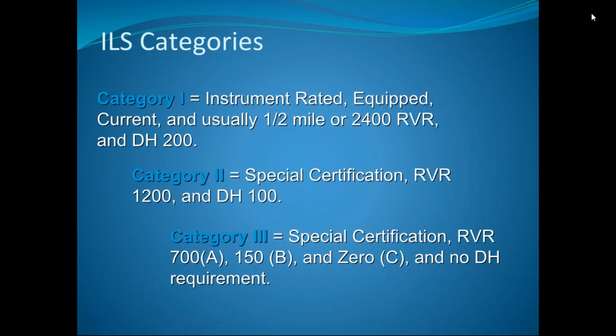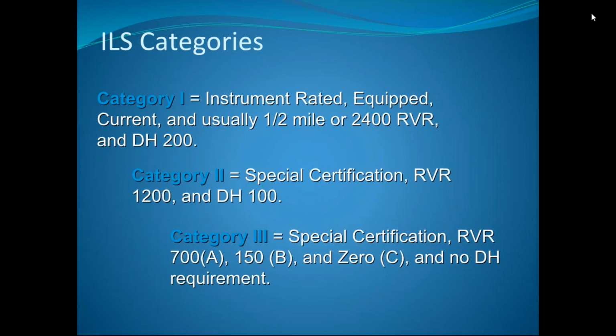Remember, when we refer to RVR, we're talking about runway visual range. So they don't even have a decision height requirement. There's no ceiling requirement. It's strictly going off of how far down the runway you can see.